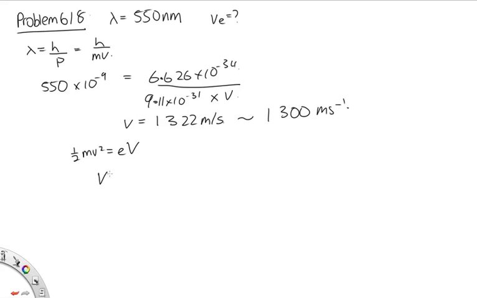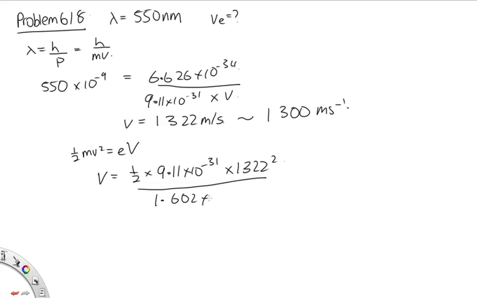So this tells us that the voltage is equal to a half times the mass of the electron, which is 9.11 times 10 to the minus 31, times the velocity squared, over the charge on an electron, 1.602 times 10 to the minus 19. And solving this, we get 4.97 times 10 to the minus 6 volts. So this is around about 5 microvolts.